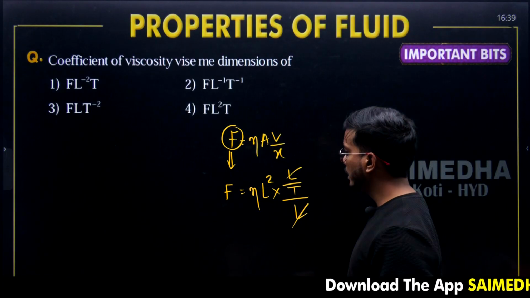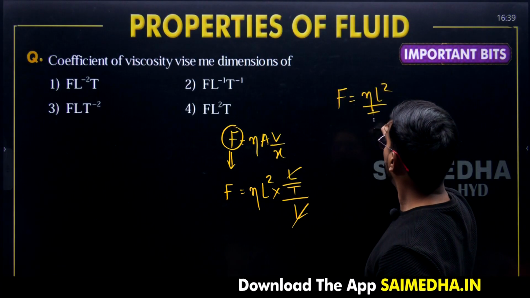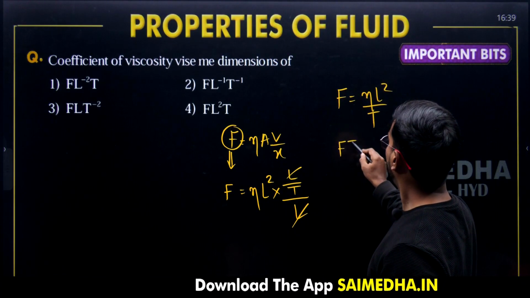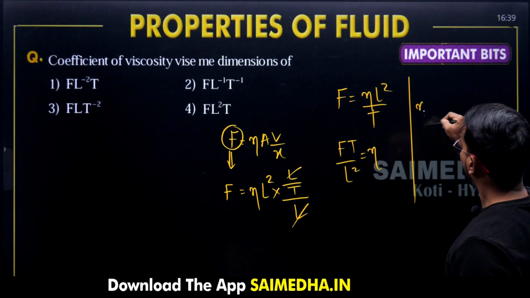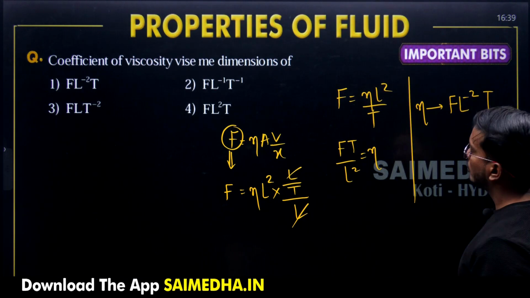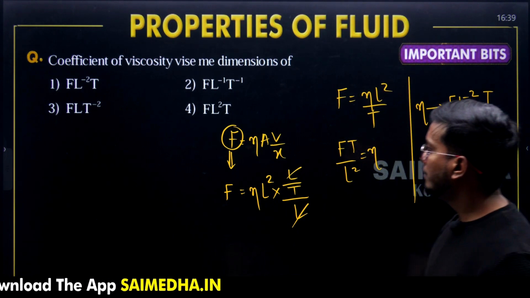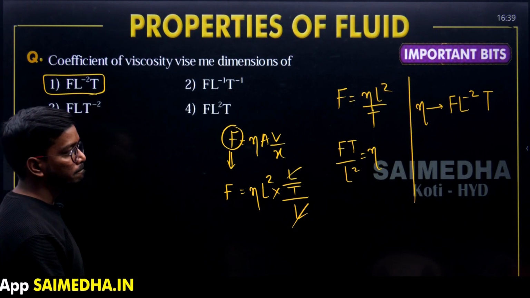So this is L square by T here. F is equals to eta L square divided by T. Send this to the left hand side. F T divided by L square is the eta. So eta is F L power minus 2 T. This should be your answer. F L power minus 2 T. Option number 1. Go through it.